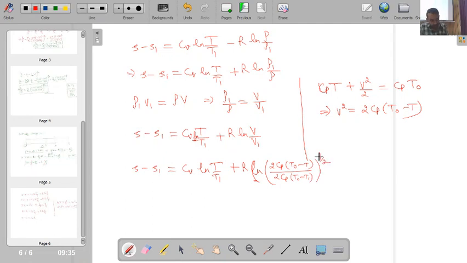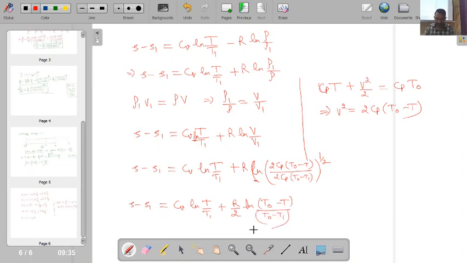This 1 by 2, being a power, I can take outside. So S minus S1 will be equal to Cv times ln of T by T1 plus R by 2 ln of T naught minus T divided by T naught minus T1, as 2Cp will cancel.